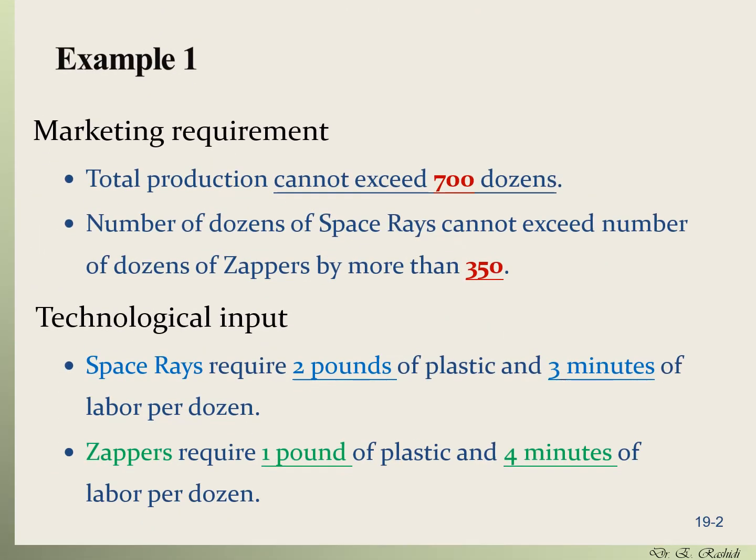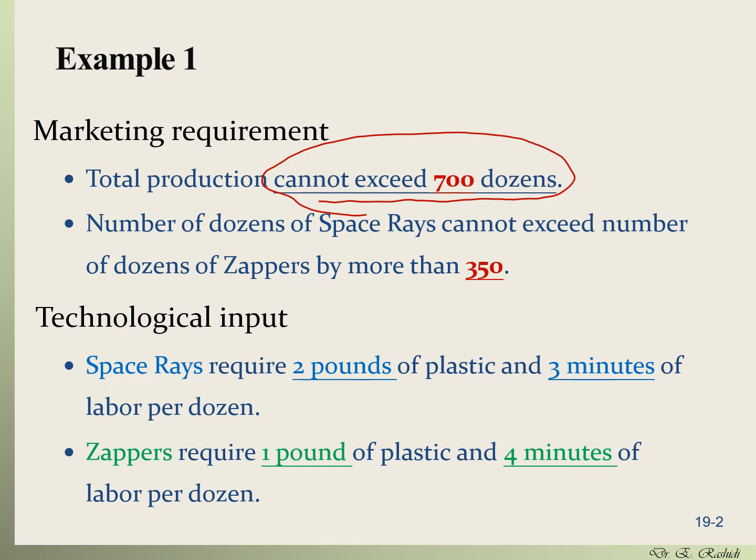There are other requirements and restrictions based on the market, such as the total production of the two toys cannot exceed 700 dozens. So in each week we should not produce more than 700 dozen of the two types of toys in total.